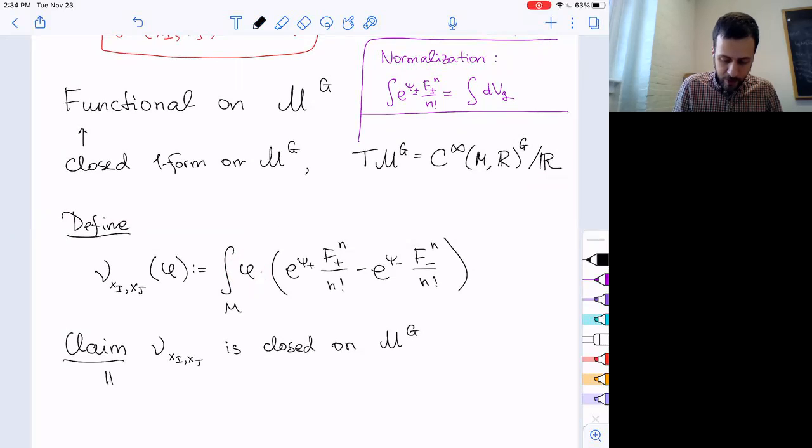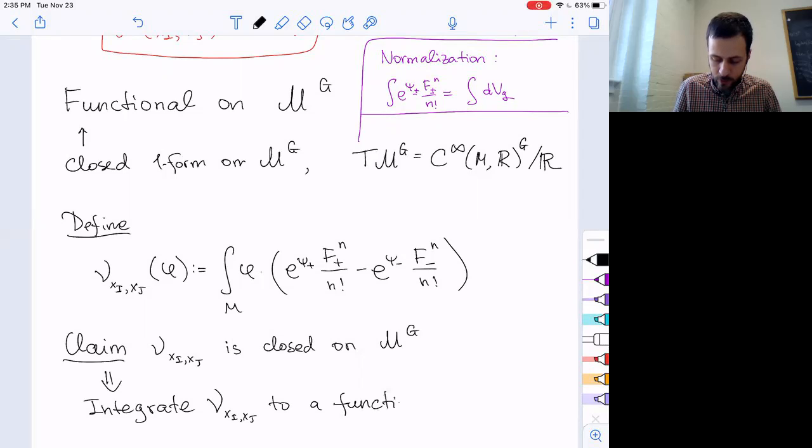So with this claim in place, we can integrate nu of xi, xj to a functional.